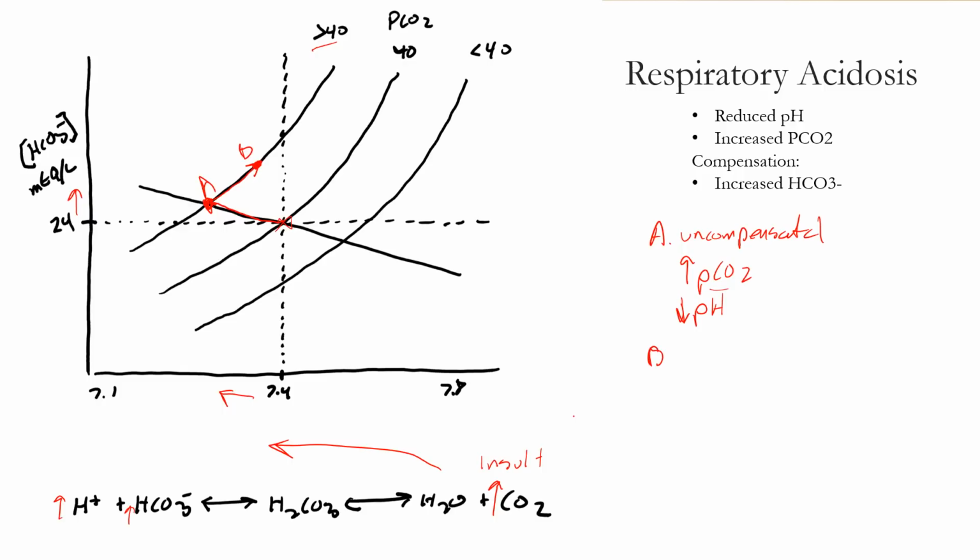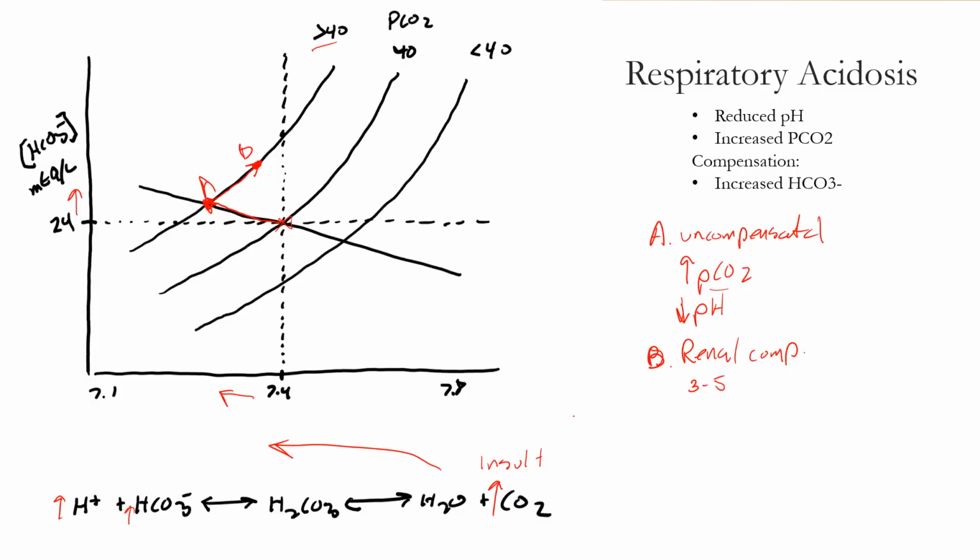At point B, this is renal compensation. Because remember, we cannot compensate with our respiratory system. In other words, the respiratory system cannot compensate for a respiratory disorder like acidosis or alkalosis because it's the system that's causing the problem. So renal compensation will kick in, but again, this takes time.